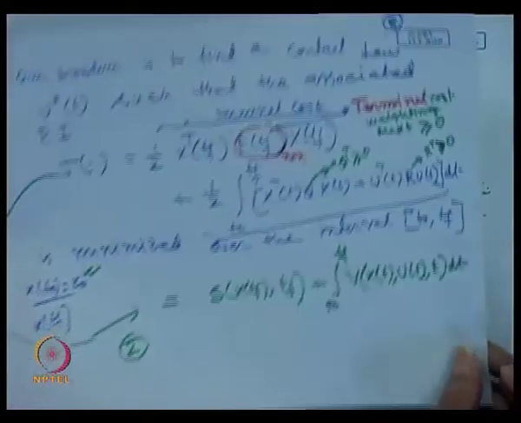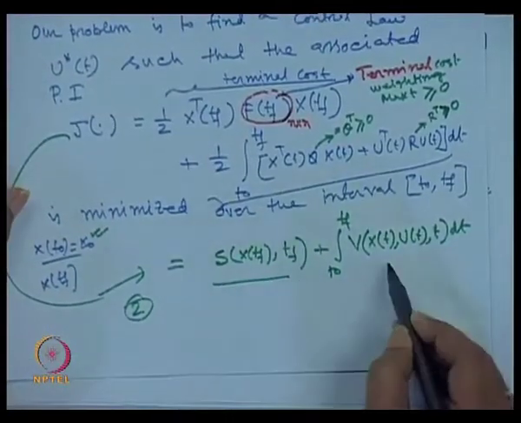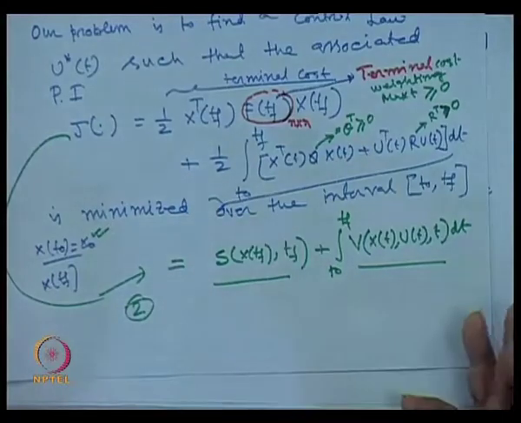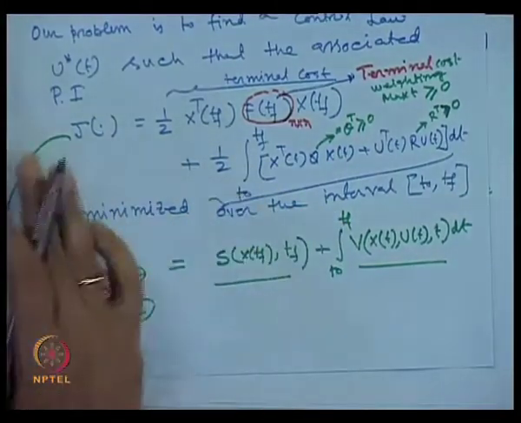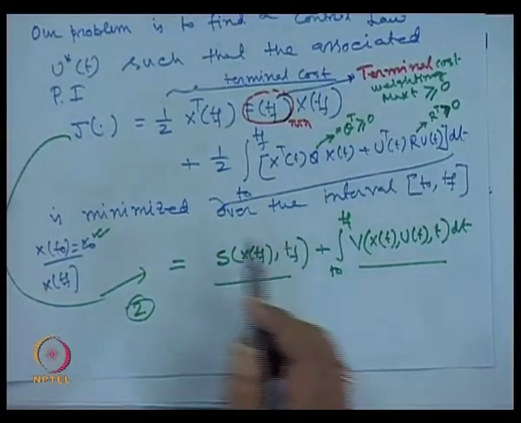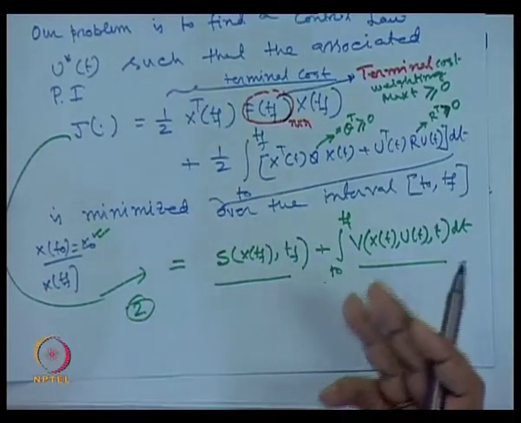So, this is our problem. The solution of this problem is easy, the same as what we described earlier. Now, the dynamic equation is expressed in terms of state equations. This is the only difference.